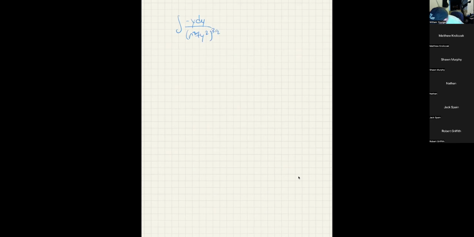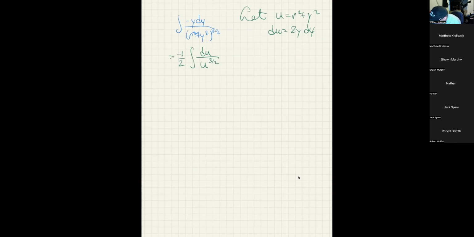Well, this one you can just do a regular substitution. We could say let u equal r squared plus y squared, then du is equal to 2y dy. Well, we've got a y up there already, so this is going to be negative 1/2 integral of du over u to the 3/2, because putting a 2 down the bottom is canceled out by putting a 2 up top, and then 2y dy is just du.